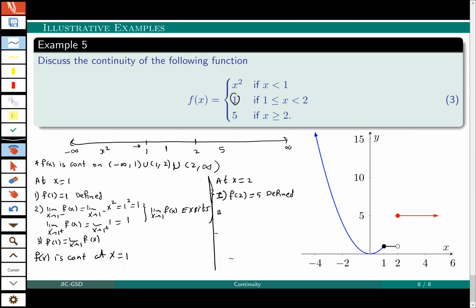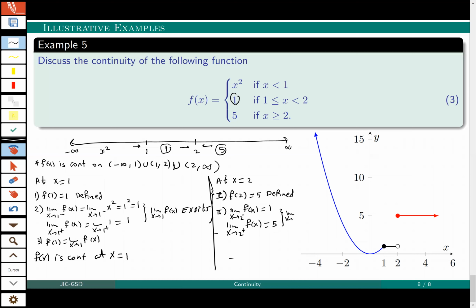Now, the second condition is the limit. Limit when x goes to 2 from left. When I go to 2 from left, my function is 1. But limit when x goes to 2 from right, the function is 5. So they are not equal.